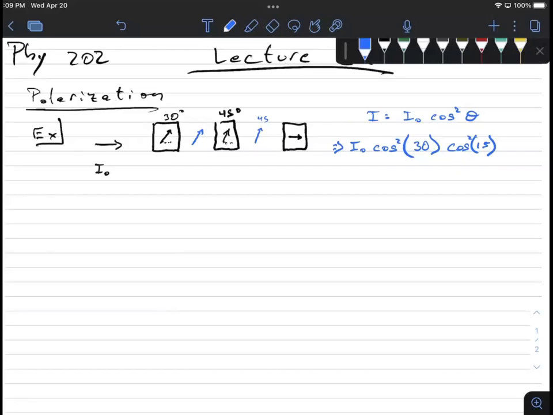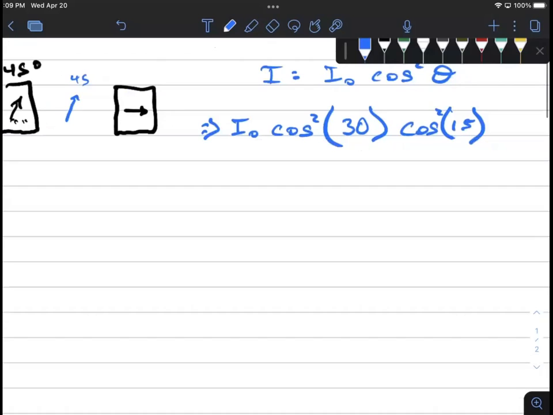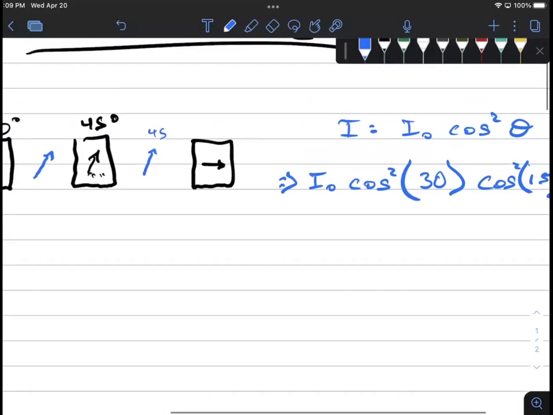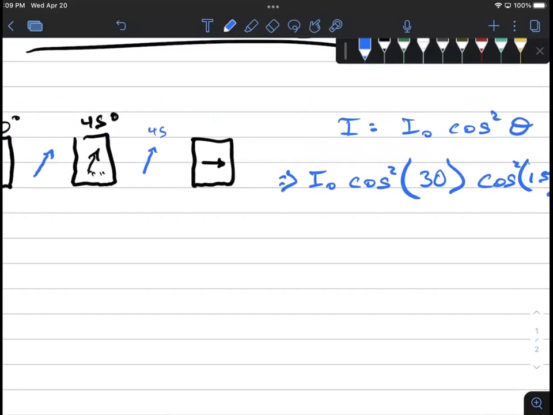Lastly, that light, which is now past the 45-degree filter, tries to get through the last filter, which is horizontal. So I need another cosine squared. And what's his angle going to be? Well, he's currently at 45. He's trying to get through a horizontal, and horizontal just means a 0 degree filter.